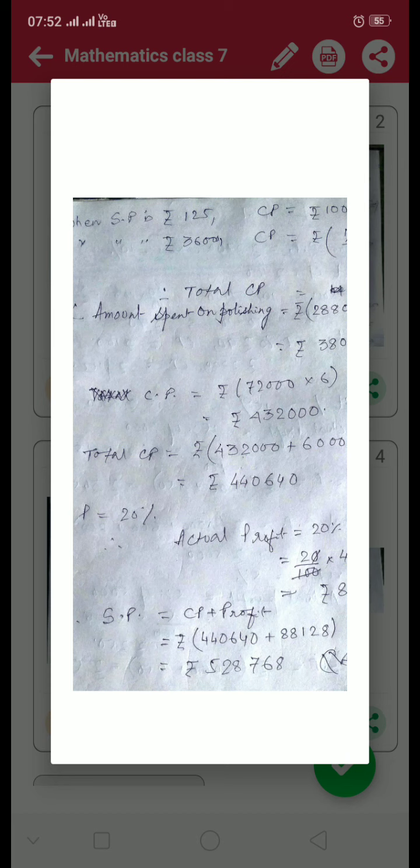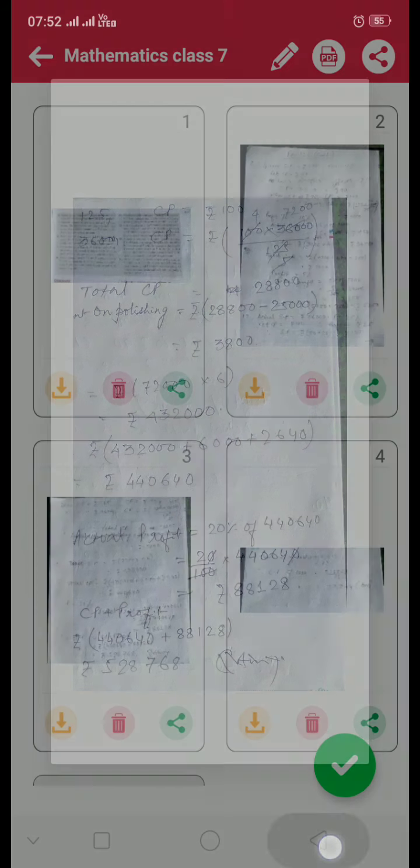We are selling 72 tables, so for the SP of each table we just divide. On dividing you will get rupees 7344. Do the remaining sum and we'll start the next session in the next class.